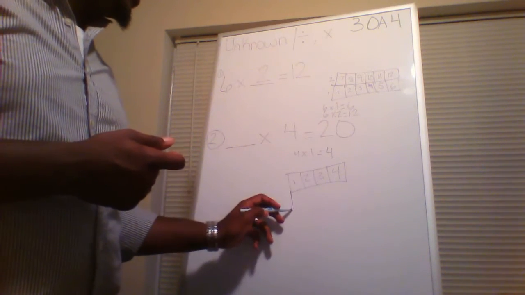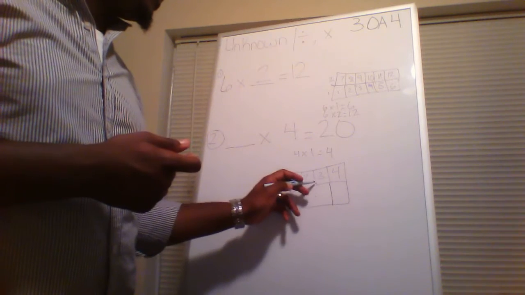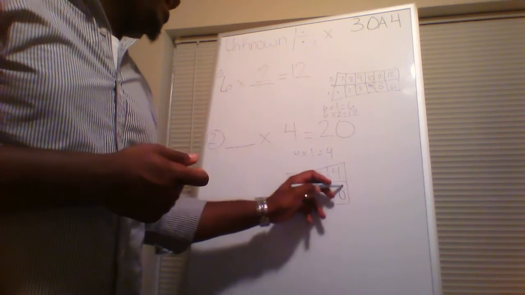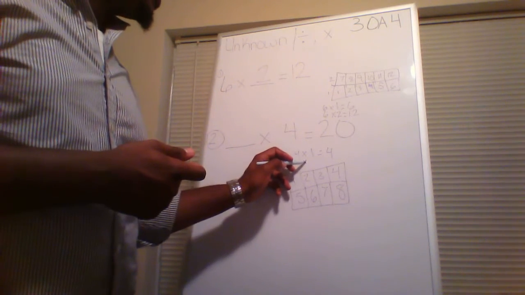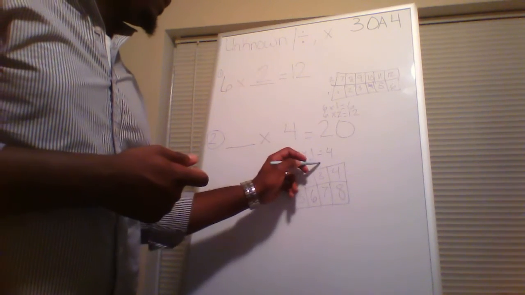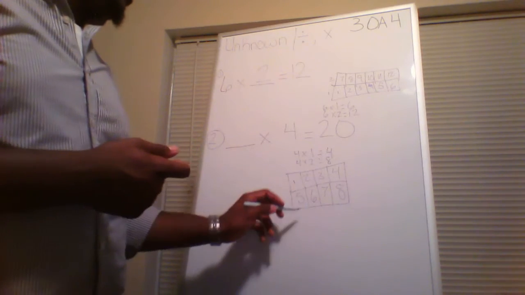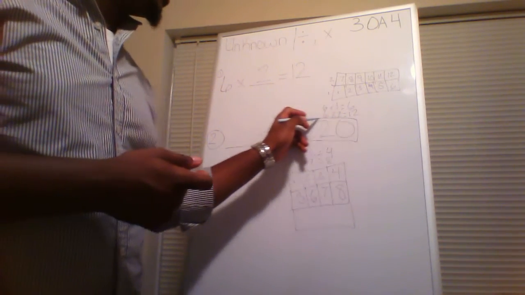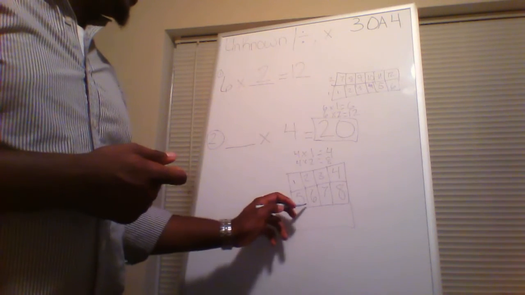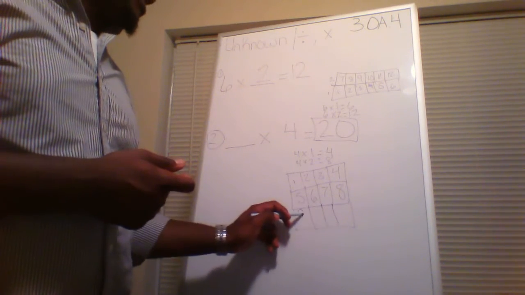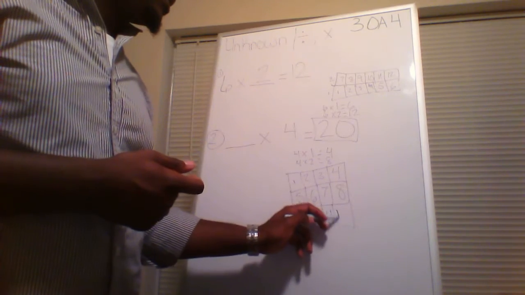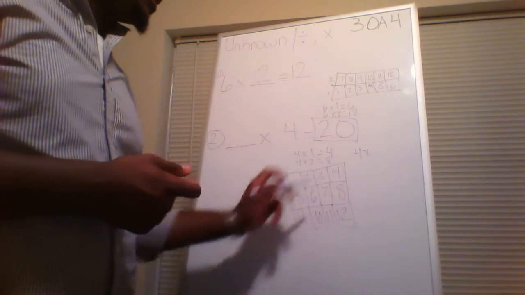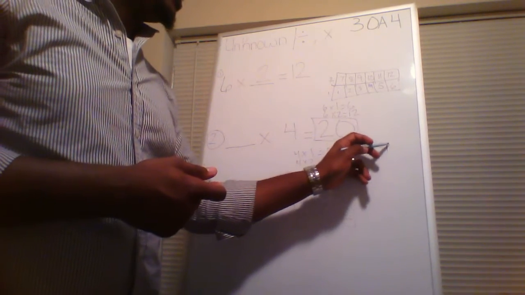So let's try to do a second stack. 5, 6, 7, 8. So 4 times 2 equals 8. Let me add it up because I'm going to stop at my big number, which is 20. The next 4 is 9, 10, 11, 12. That means 4 times 3 equals 12.